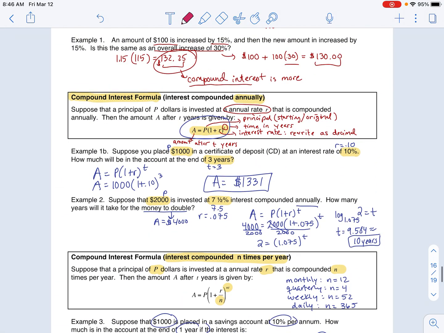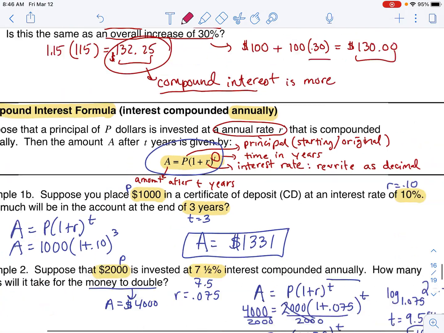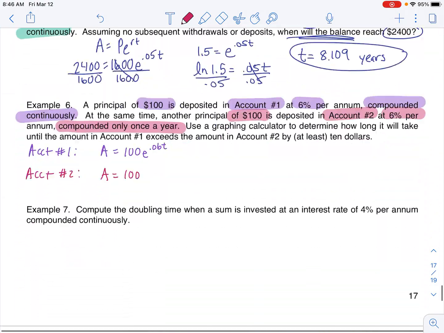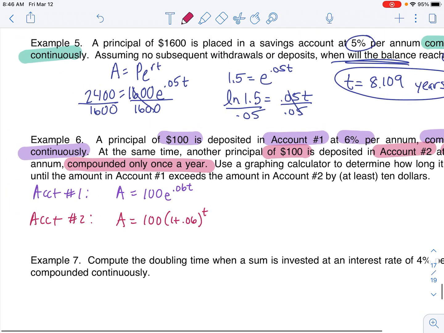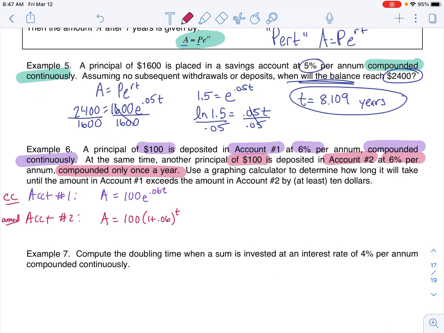So that was this one. A equals P, 1 plus R to the T. Okay, so notice this is compounded continuously. This was annual. So different formulas for each of those.